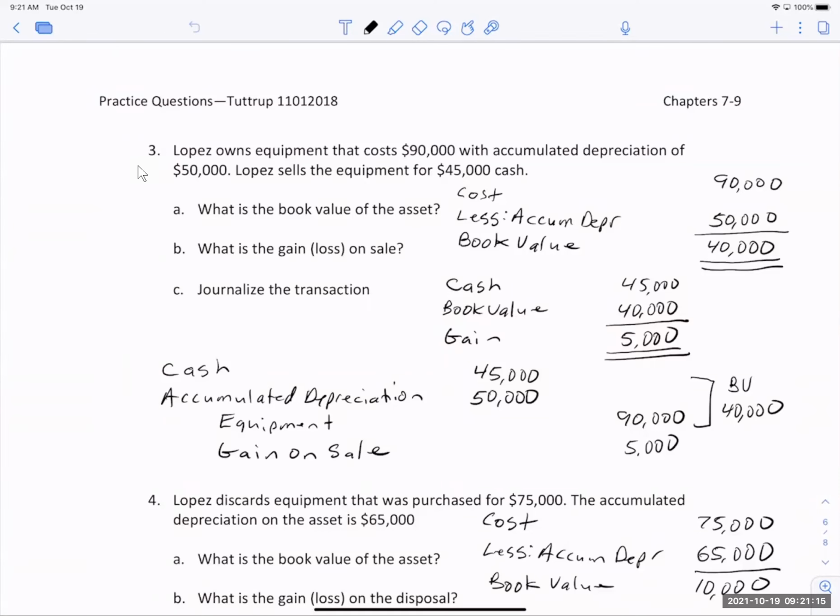It's kind of like revenue, but it's other revenue. It's not part of operations. But anyway, you've got to account for that. So let's just go through the paces and show you what I'm talking about.